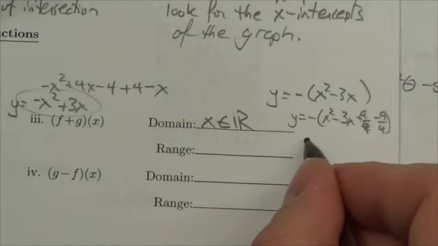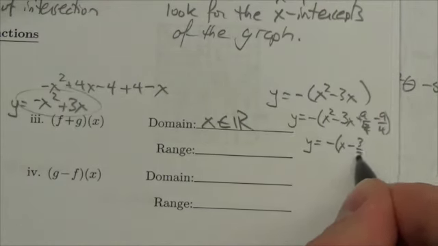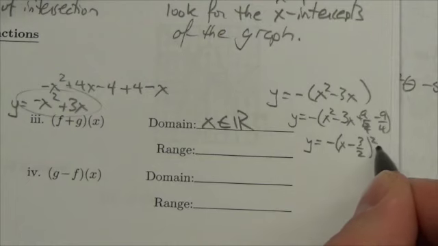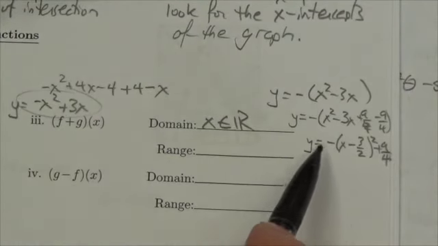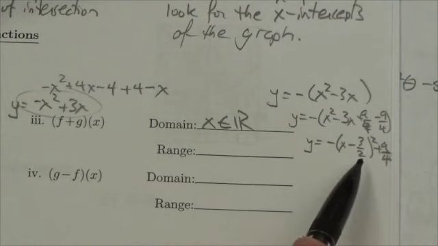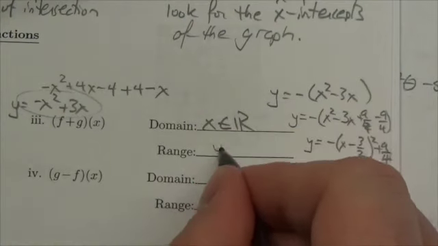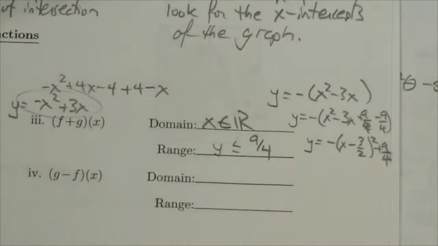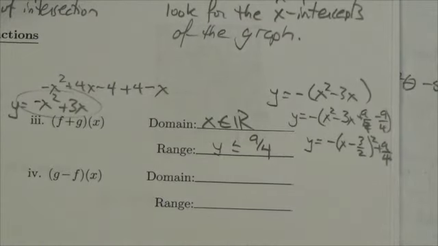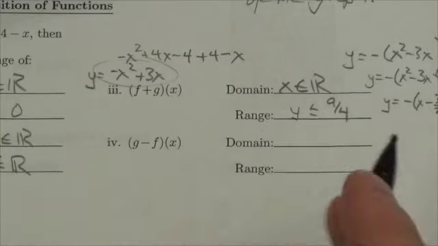I will take that out, and when I factor that down, I'm going to get y equals negative x minus 3 over 2 squared plus 9 over 4. This is a parabola that opens down with a vertex of 3 over 2, 9 over 4. So the range will be y less than or equal to positive 9 over 4. There is a limitation to the range here, even when you add those together.